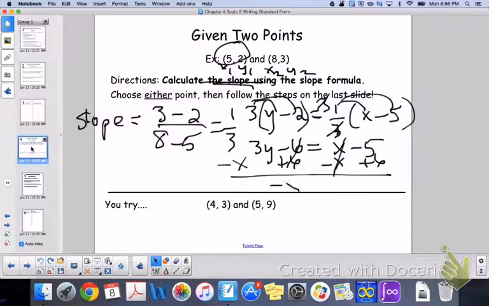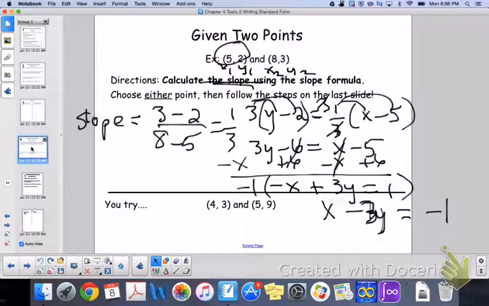So we have negative x plus 3y equals 1. And our very last step is to get x positive, so multiply everything by negative 1. We have x minus 3y equals negative 1. There's your try. Go ahead and pause the video and do that, and I'm going to switch to the next slide.